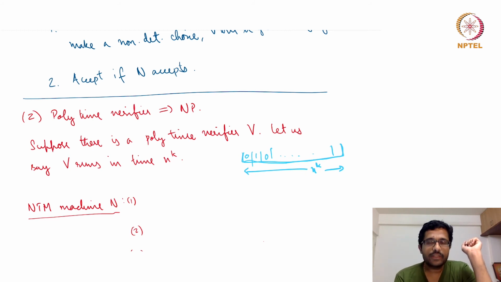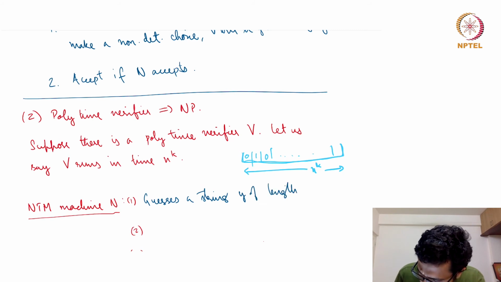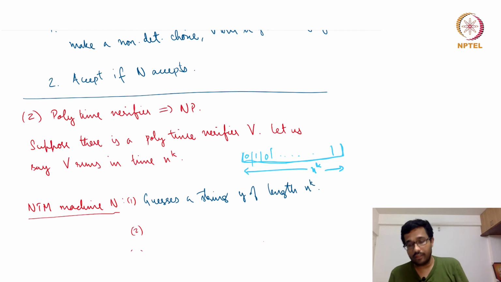Now what does a non-deterministic Turing machine do? It guesses a string y of length n to the power k, as I have drawn above. The reason is, if the verifier runs in time n to the power k, then the certificate cannot be longer than that.